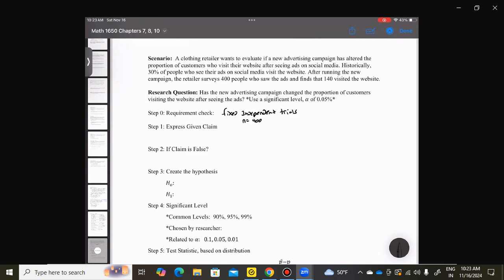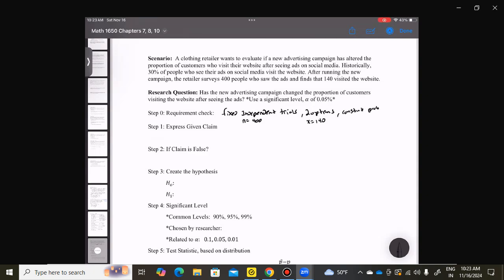Then we need 2 options. And for this, that means that we need success or failure. In this case, success would be how many people visited the website after seeing the ads. So x equals 140. And the opposite of that would be if they didn't visit the website. And then we need a constant probability.